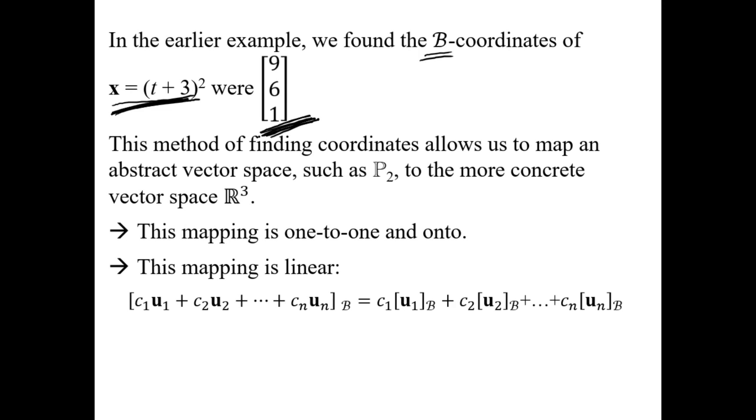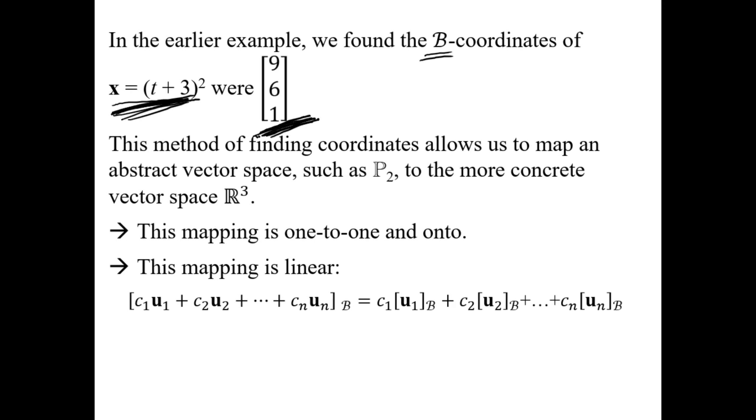It's one-to-one, which means that this will be the only vector that maps to the vector in R3. And not only that, every single vector in R3 is going to be mapped to something from that vector space. That's the onto part. Every vector in R3 is included.